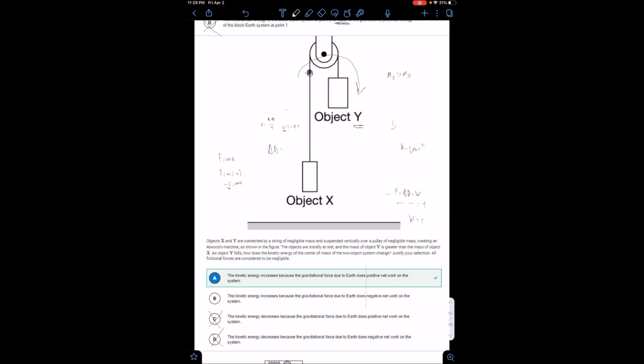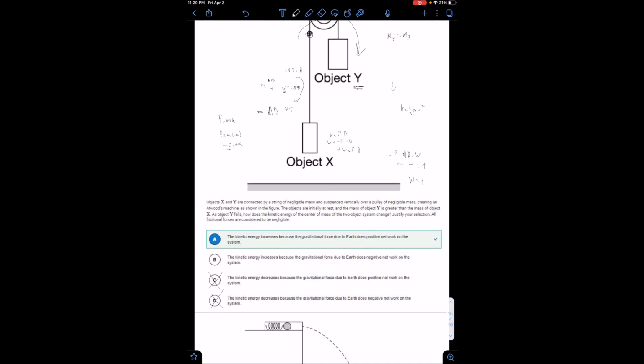Since we have a negative velocity, since it's going downwards, we have negative vt equals d, the displacement. So our displacement is equal to vt, and it's negative. And so work is equal to force times displacement. If we have a negative force and a negative displacement, that means you have positive work. So that rules out answer choice A and knocks out B.